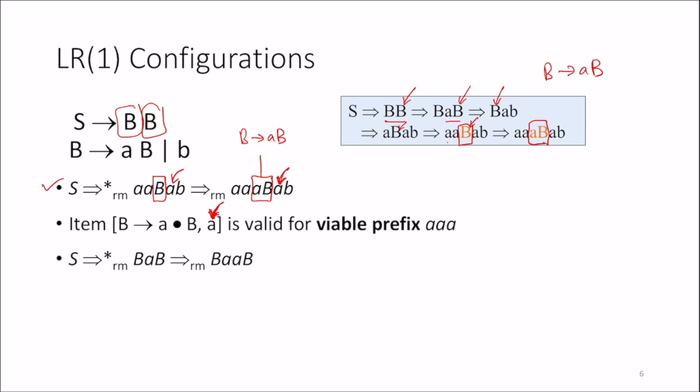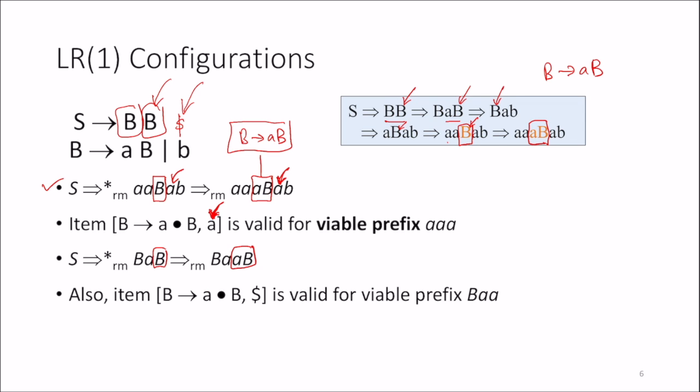Now let's look at a different derivation where it's not the rightmost, but the right B. So here, if I have an AB and I want to replace it, again I'm using the same rule, right? But in one case, the look ahead is coming from here. In the other case, the look ahead is the end of input symbol.